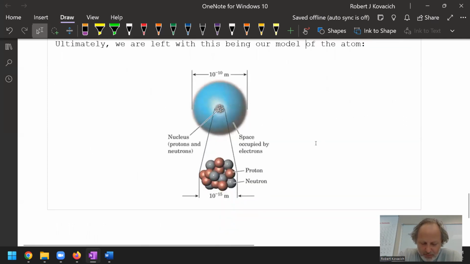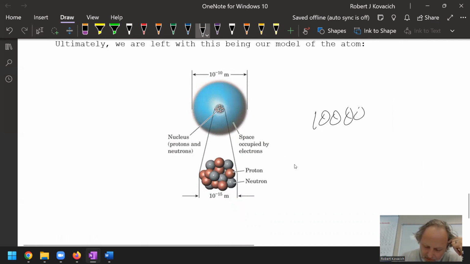And so here's what our atom looks like. I have this empty space that the electrons fly through. And then I have this nucleus. And you can see this is 10 to the negative 10th, and this is 10 to the negative 15th. So we're talking about 5 orders of magnitude difference between them. 100,000, 10,000 difference in their size.